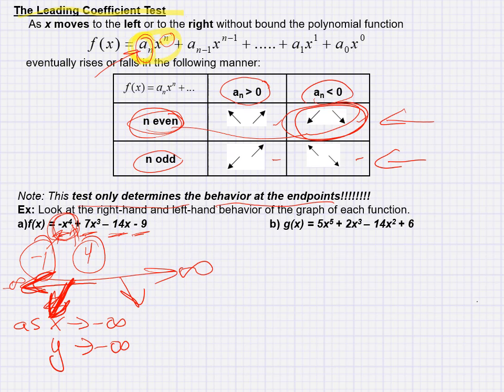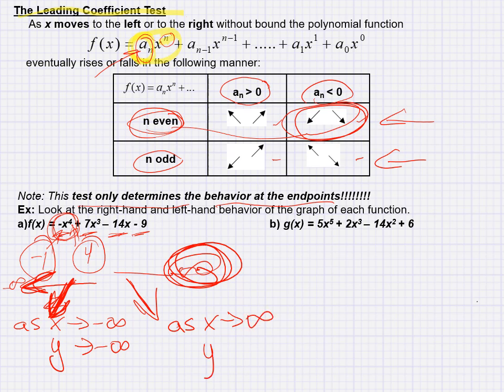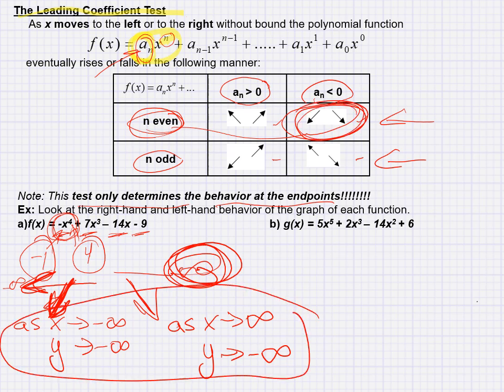And as I move this direction towards this side of the graph, this one's pointing down as well. So I could say as x goes to positive infinity, y is going to negative infinity. So this box here is the best way we can write that. The 2 arrows give you a visual, but this is the way you would properly write it down.